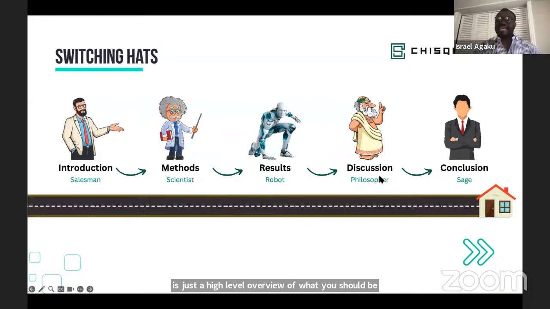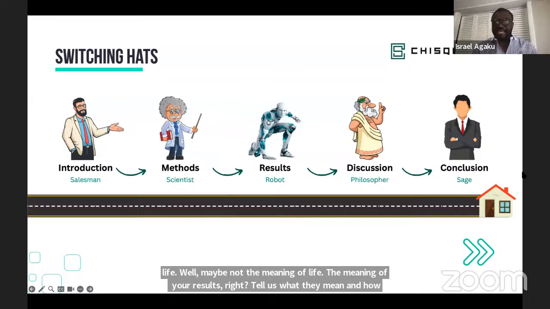Now, in the discussion, you can be a philosopher. You should explore the meaning of life. Well, maybe not the meaning of life, the meaning of your results, right? Tell us what they mean and how they apply in our context or other contexts as well. And then in the conclusion, you are a sage. You are an elder statesman.